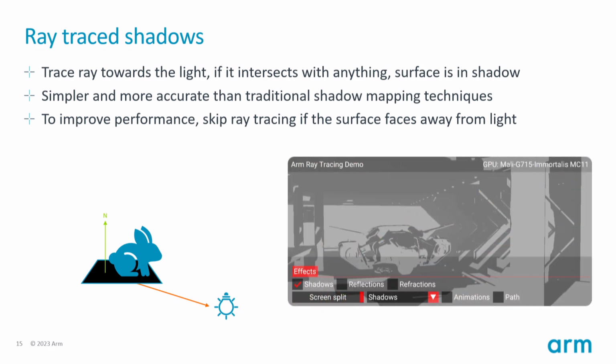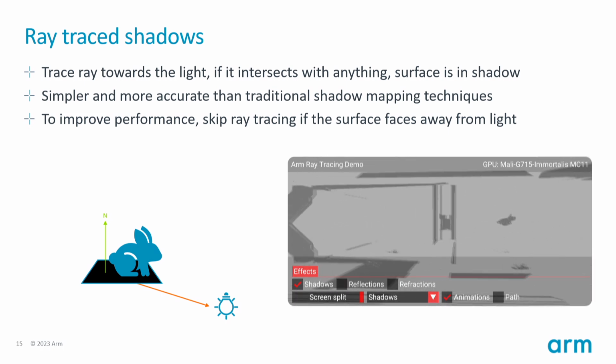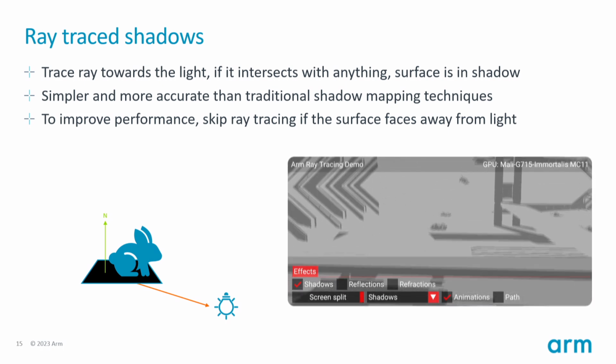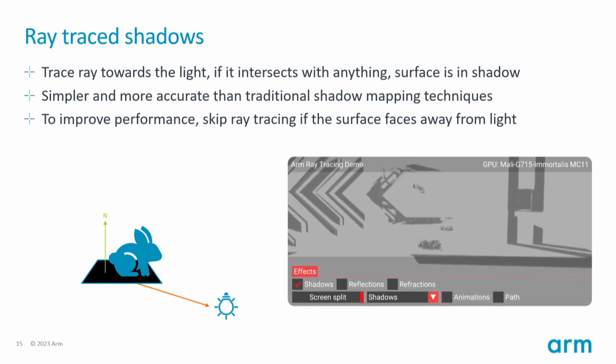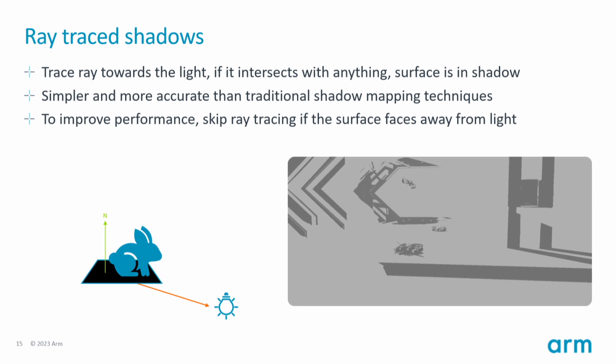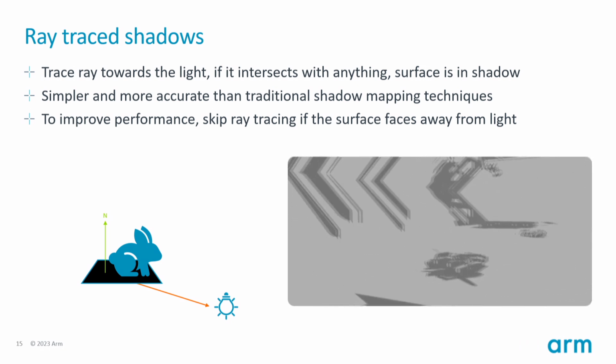We can see the shadow in action. You can see that we have two shadow casting lights, which require at most two rays per pixel. Here is a debug view showing the shadow in isolation.